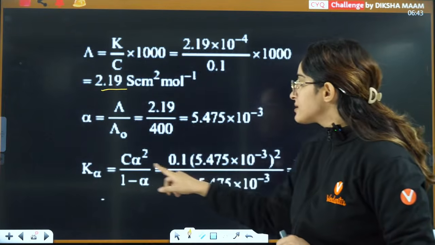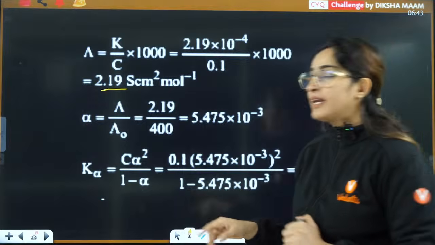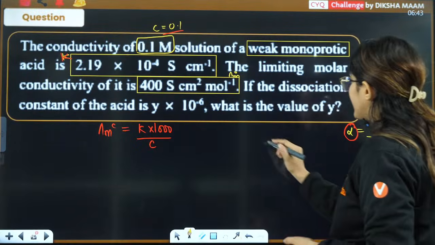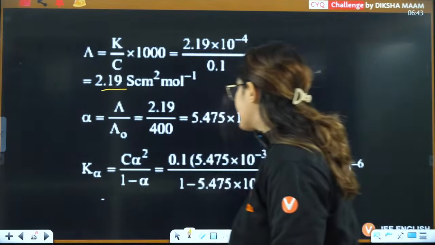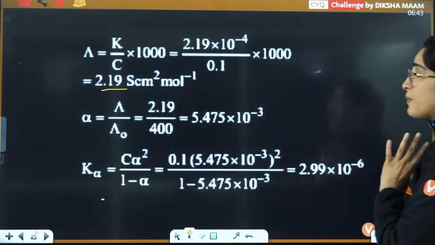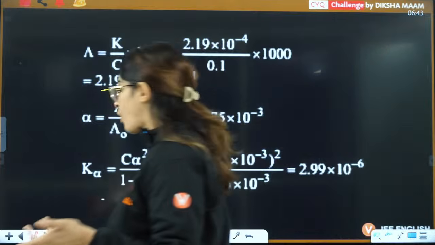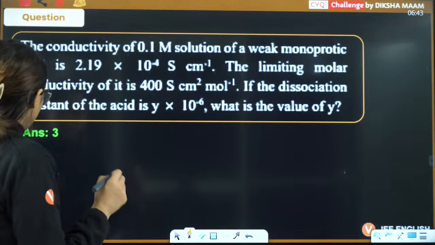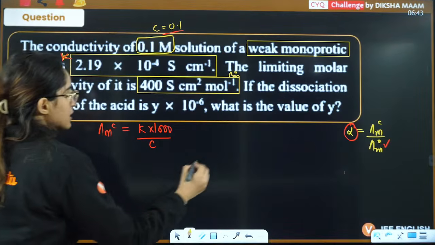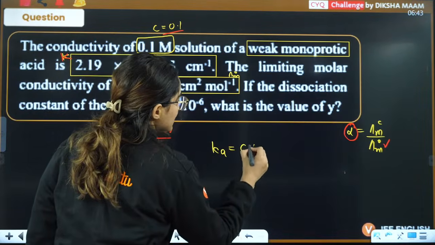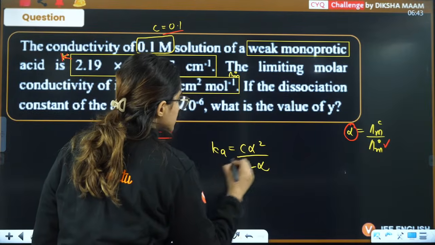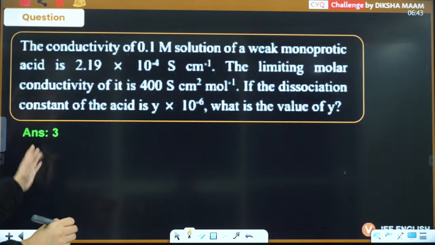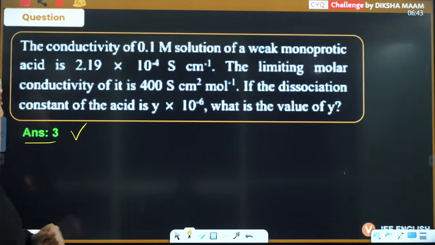Then you solve this, and students, usually we see monoprotic acid, usually we ignore the value of alpha, but as alpha here is coming out to be 10 raised to minus 3, it is not that small, right? So you will use Ka value here equals C alpha square by 1 minus alpha. Okay, solve this and then compare it with the answer, you will get the value of y here.